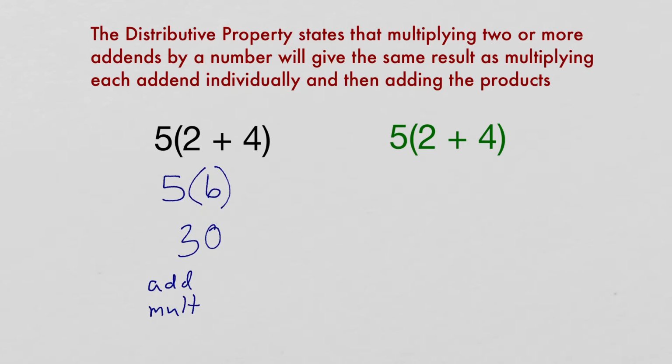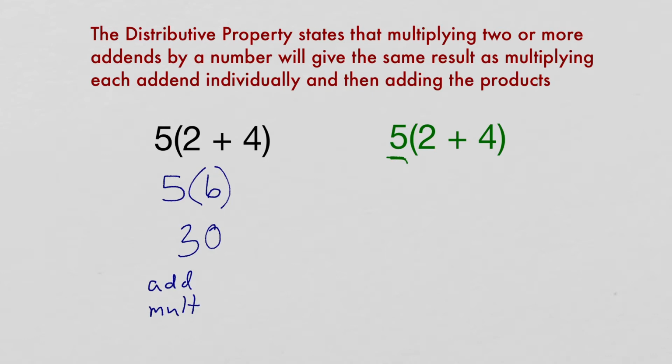What distributive property says is that we can actually do it the other way. We can multiply first and then add. So watch, I'm going to use the distributive property on the one on the right. Instead of adding them together first and then multiplying by 5, we're going to take this 5 on the outside and multiply it by each thing in the parentheses individually.